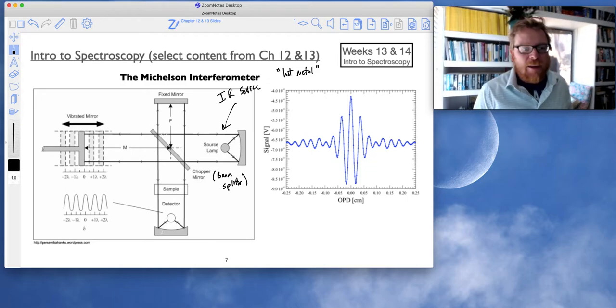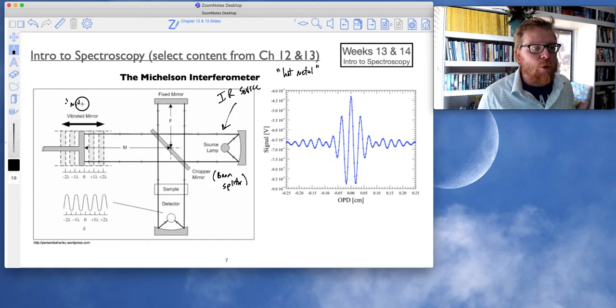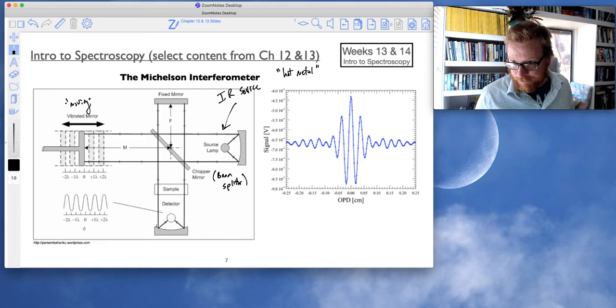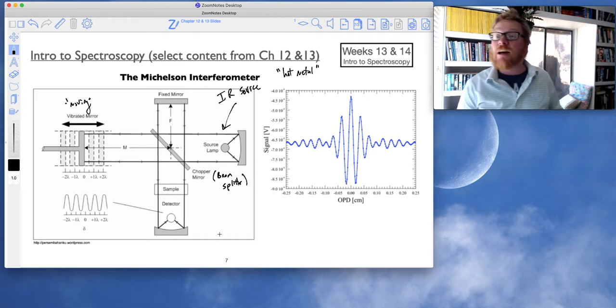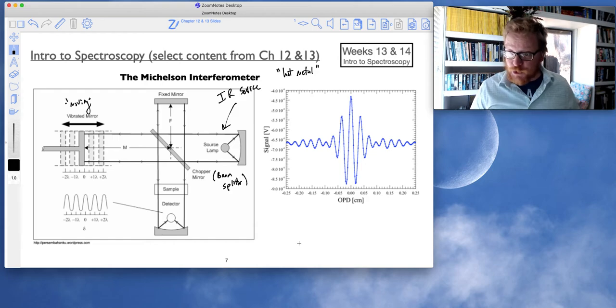And similarly, when this light that transmits through the beam splitter hits this vibrated mirror, or sometimes we just call it the moving mirror, it will also come back and hit this angle and come down through the sample, right? Like I said, it's a convoluted beam path where there are lots of opportunities for destructive interference and constructive interference. And that is precisely how the technique works, okay?